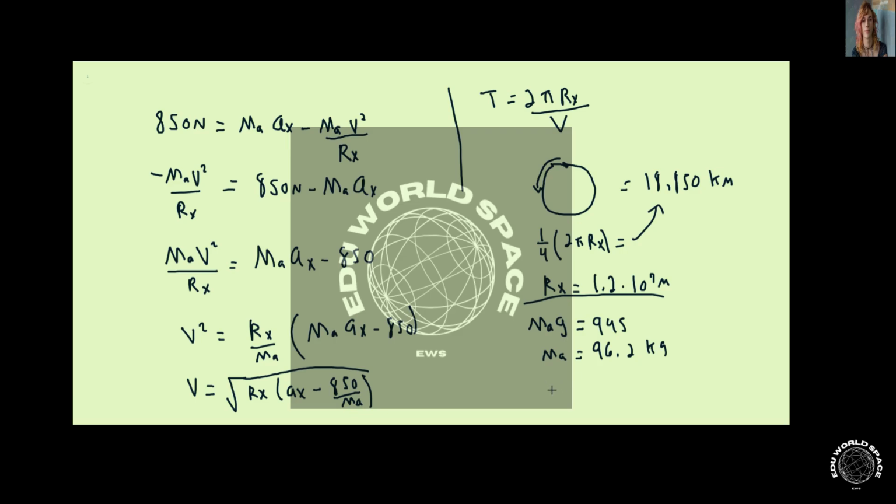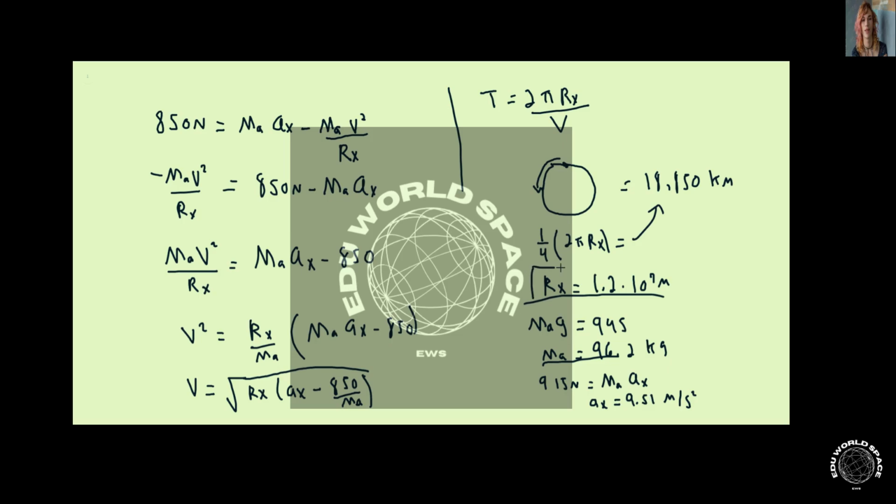Then given that at the pole on planet X, where there'd be no centripetal force acting, the astronaut weighs 915 newtons, that should be mass of the astronaut times a_x. Plugging in this 96.2 for m_a, we can find that a_x is equal to 9.51 meters per second squared.